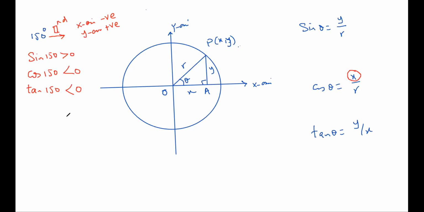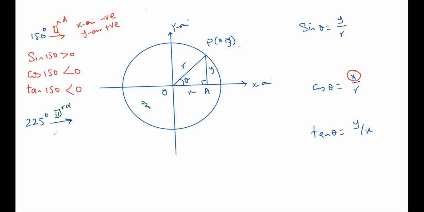Now, suppose I have an angle of, let's say, 225 degrees. Which quadrant is it falling in? Third quadrant. Now you must be clear that this is your third quadrant.